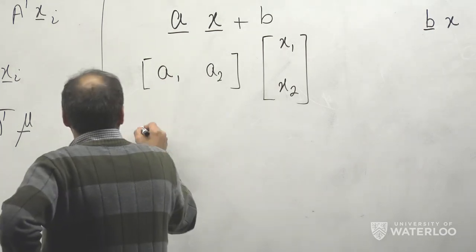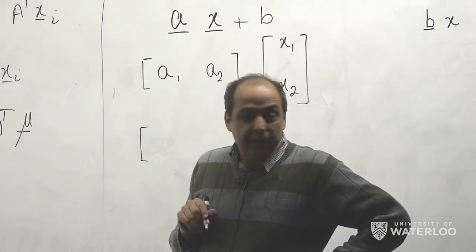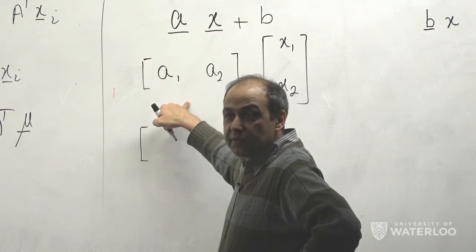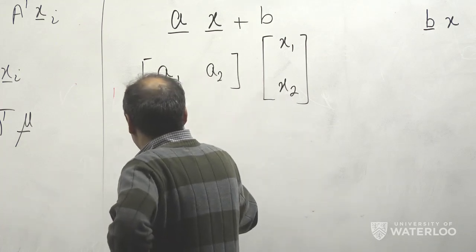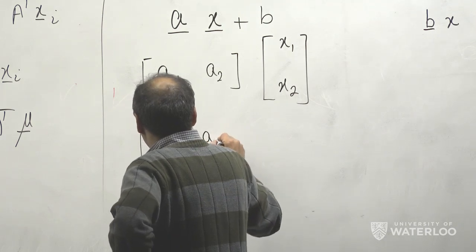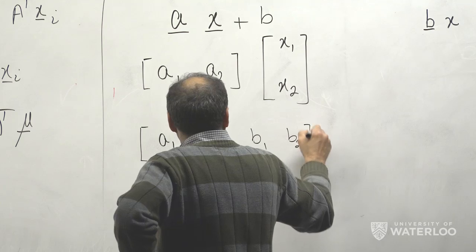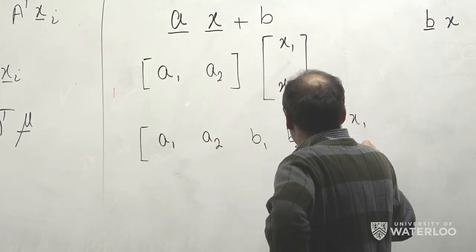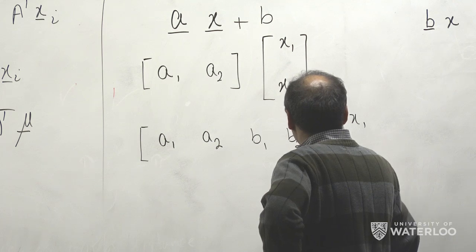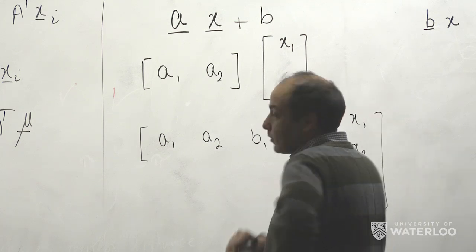One way actually to do this is to augment the data and augment the coefficient of the data. Say for example, I have a1, a2 here, I add b1 and b2 here. And when I have x1 and x2, I add x1 squared, x2 squared to this.